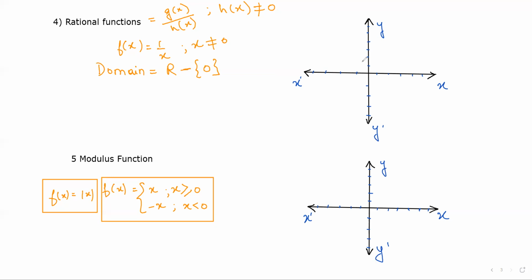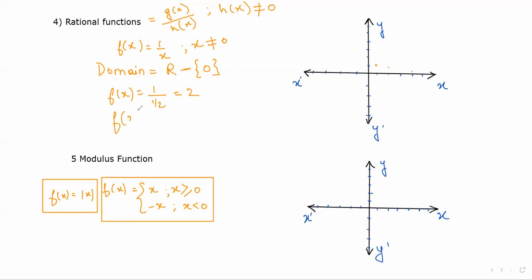At x equals 1, you'll get 1 upon 1, which is this. At x equals 2, what will you get? You'll get 1 by 2, which is a value smaller than this. At x equals 3, you'll get 1 by 3. At x equals 4, you'll get 1 by 4. At values smaller than 1, say half, for x equals 1 by 2, we'll get f of x as 2.